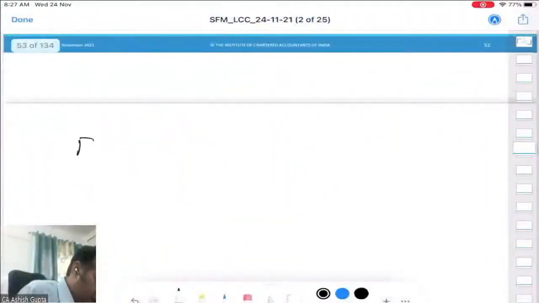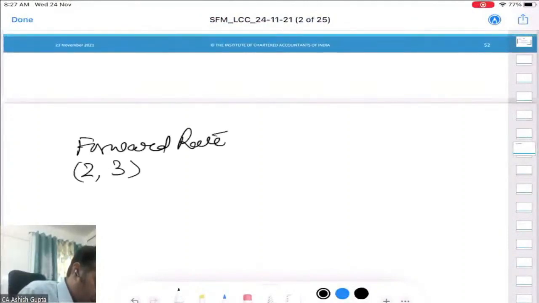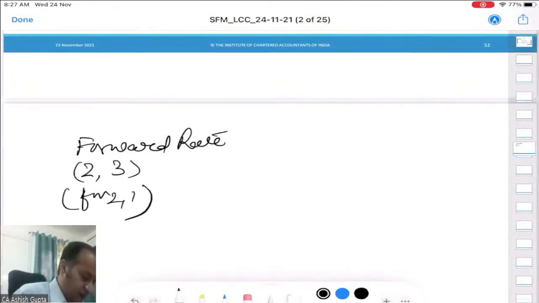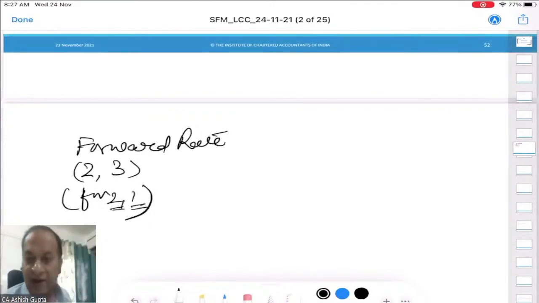So we find the forward rate for the 2 year, that is, we can say 2:1, we can also write it like that, the forward rate after 2 years for the 1 year period.